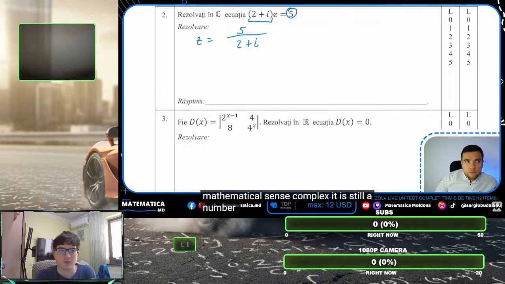So (2 plus i) times z equals 5. So to solve for z, you just have to divide 5 by (2 plus i). So that's what you gotta do. After that, I think the i at the second power is minus 1. So I think you have to multiply every part by the second power, and you're gonna get that. Plug in minus 1.